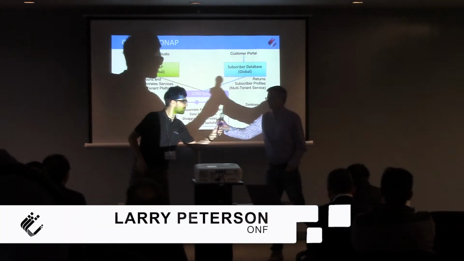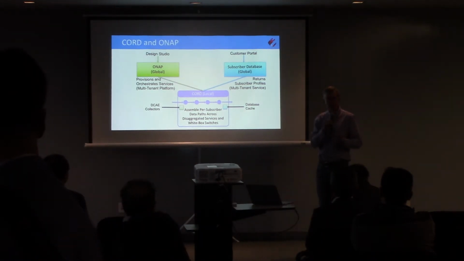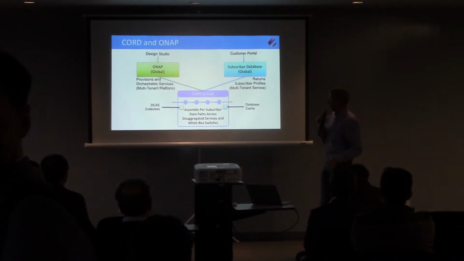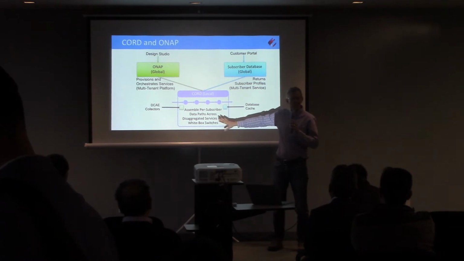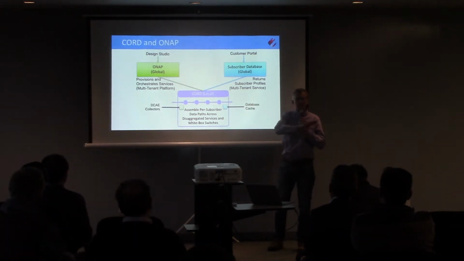Thanks, Larry. So all I'm going to do is replay a couple of the slides I had up earlier today. This gives everyone a chance to react to it, which wasn't possible earlier. ONAP's global. CORD is a local thing. It's at the very, very edge. We would obviously imagine ONAP orchestrating across multiple CORDs. I'm showing only one here.